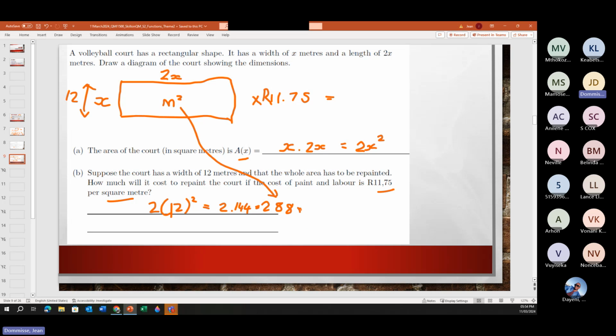For 1 square meter, it is 11 Rand 75. So for 288, it will be 288 times 11.75, and that will be your total cost of painting the court. 288 times 11.75 is equal to 3384.